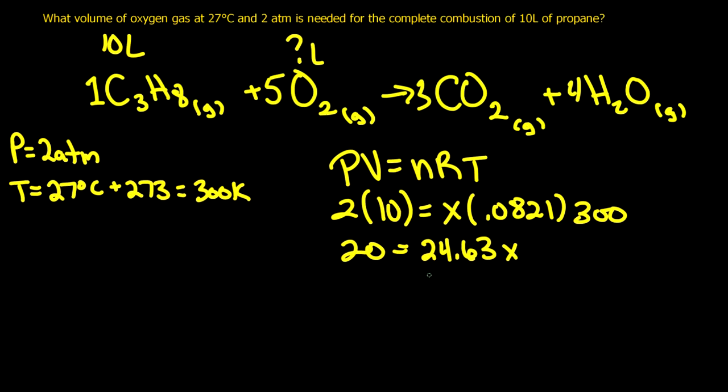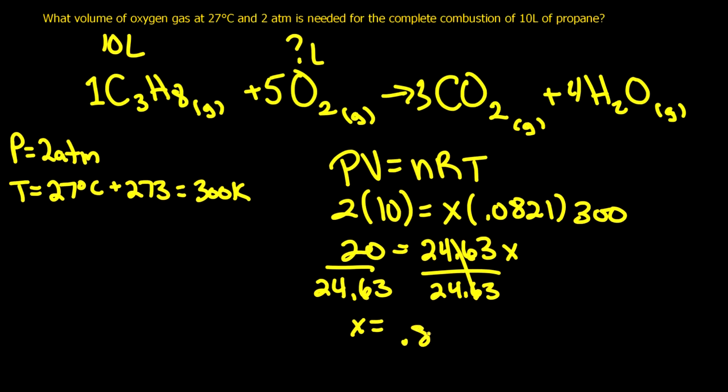We divide by the side with x, so 24.63 cancels out. 20 divided by 24.63 equals 0.81. And that's going to be moles now of propane.